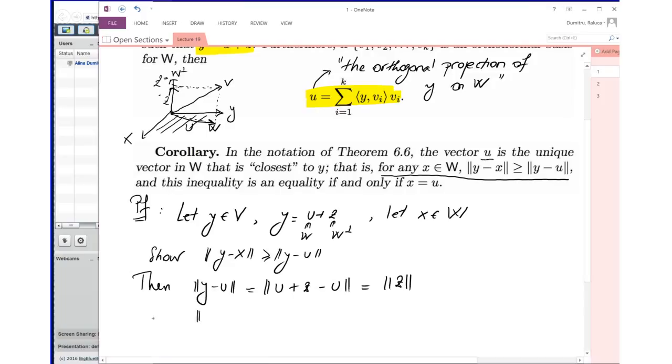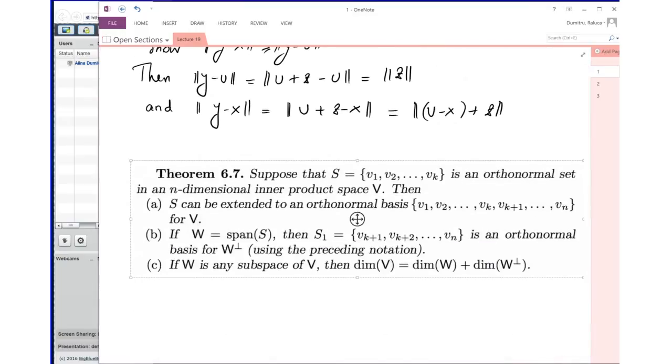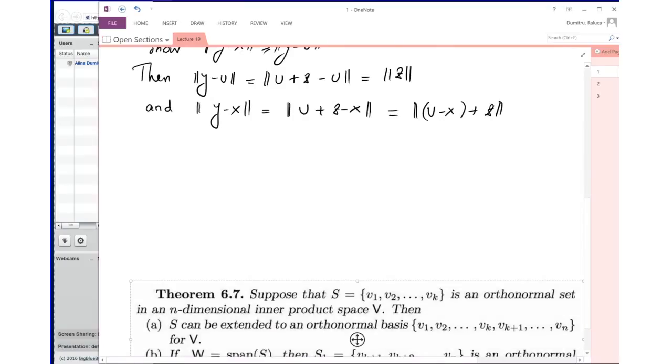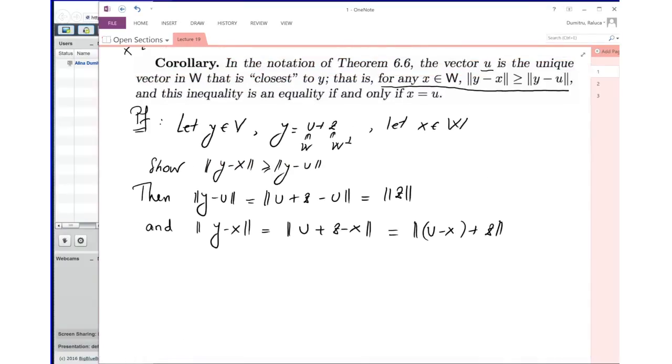On the other hand, the norm of y minus x is the norm of u plus z minus x, which I want to regroup like this: u minus x plus z. Now, why would I do that? Because both u and x are vectors in W. X is in W, u is in W. So u minus x is a vector in W, and z is in W perp.